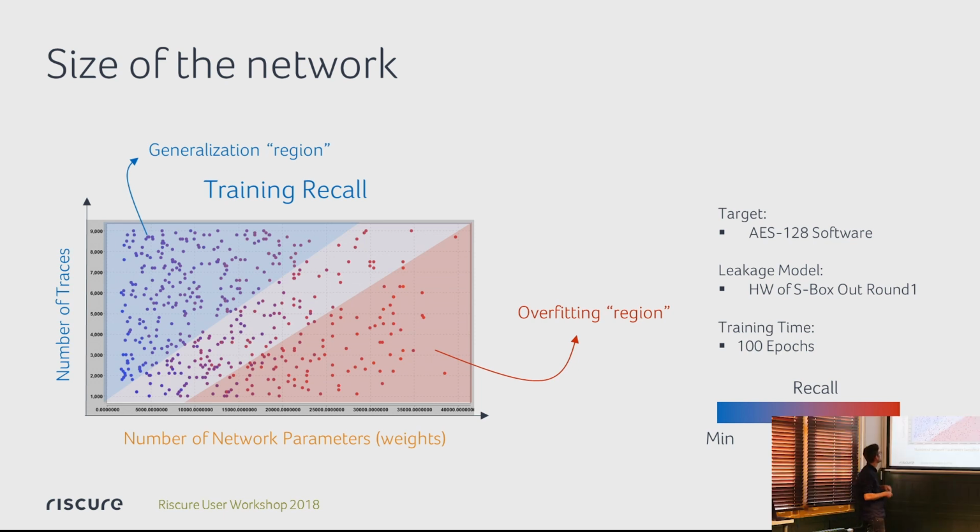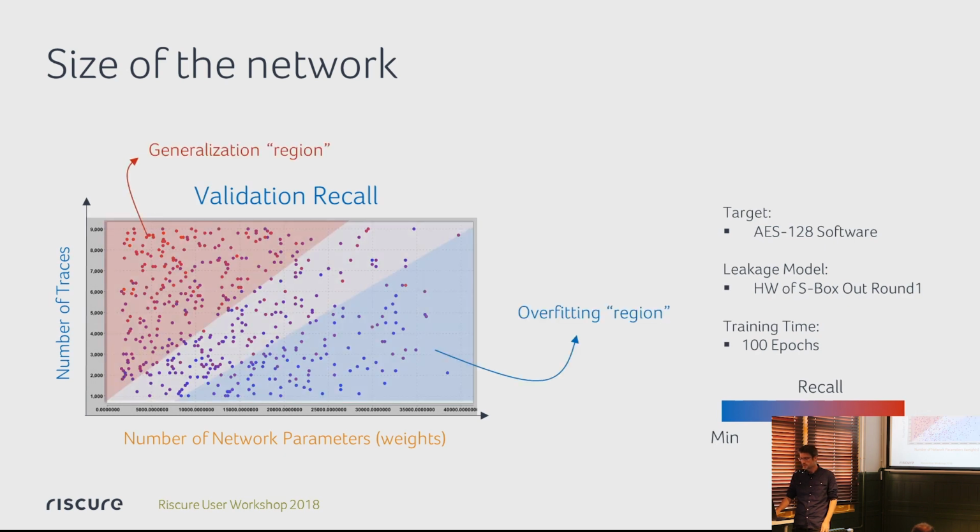However, if I have a good balance between the number of connections, the number of weights, the size of the network, and the number of traces, the training accuracy is not very high, but not because it's not learning, it's just because it's not overfitting the data, meaning that it can generalize. So there is a clear relationship between size of the network and number of traces.